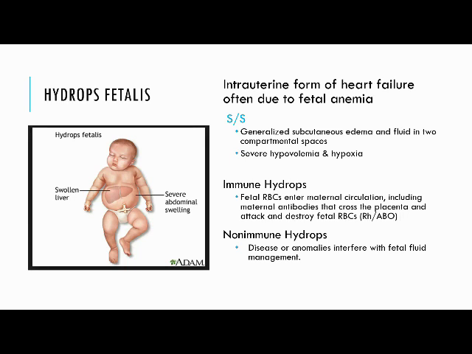So you can have liver dysfunction, you can have gross edema, you can have portal venous hypertension, you can have ascites. These babies have pleural effusions, maybe even pericardial effusions.